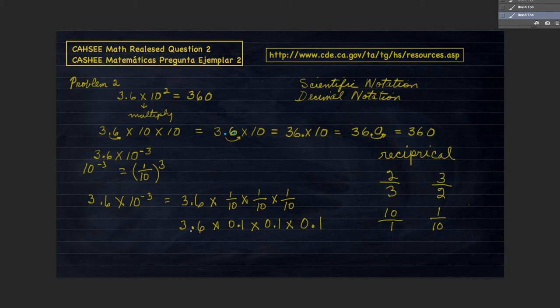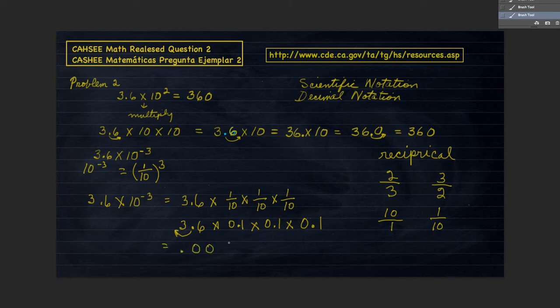That makes the point move to the left instead of to the right. And for every 1/10, I have to move it one more place. So I would end up moving it 3 places to the left.